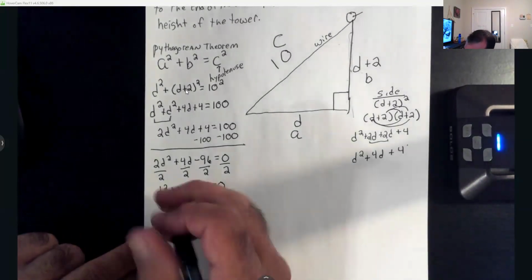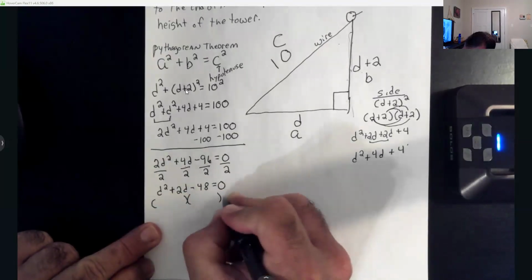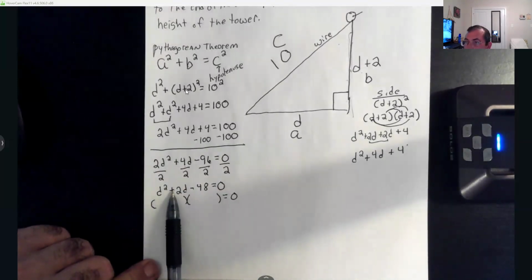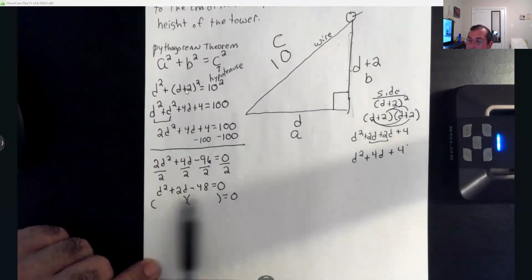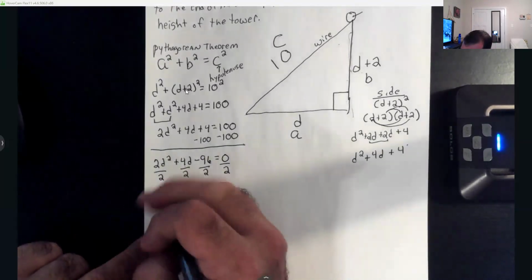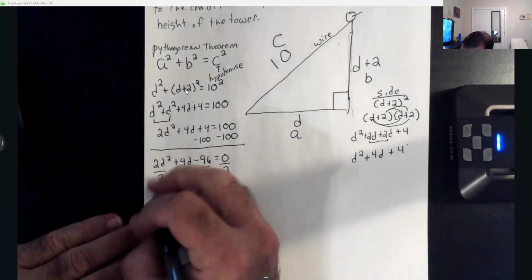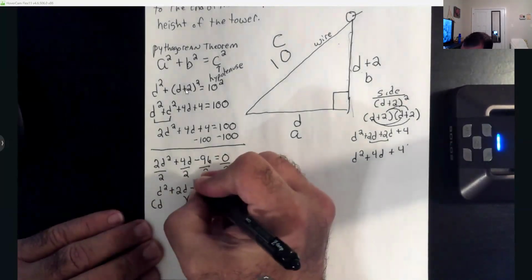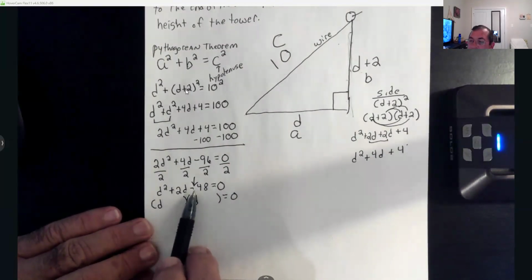All right, so now we're down to the part where we're going to solve this by factoring. Now, if you want to, you can do the quadratic formula, or y'all could even graph this to get the 2 answers. I'm just going to factor it real quick. So the d squared is a d and a d. Y'all look here. This last number is negative.